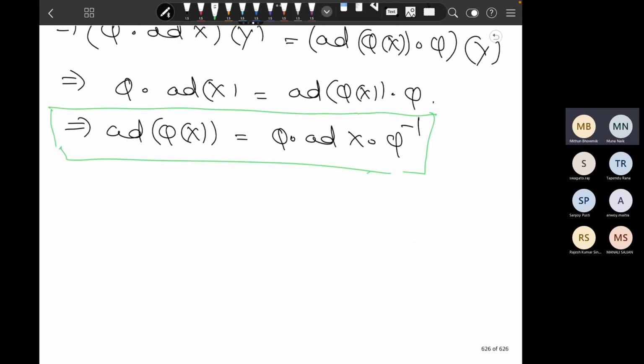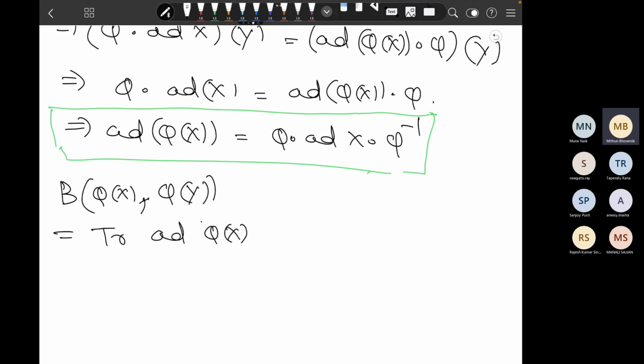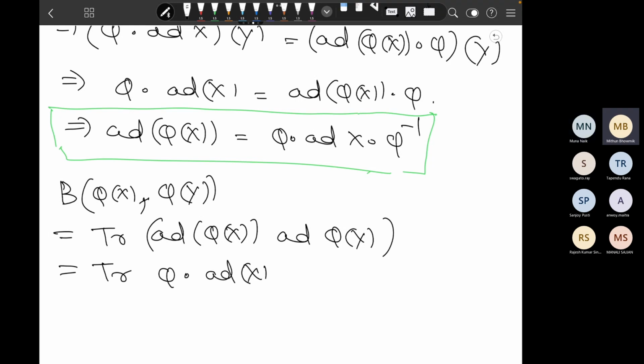So now B of phi x, phi y. So this is really what? Trace of ad phi x ad phi y. This is really trace of phi composed with ad x composed with phi inverse, times phi composed with ad y composed with phi inverse.